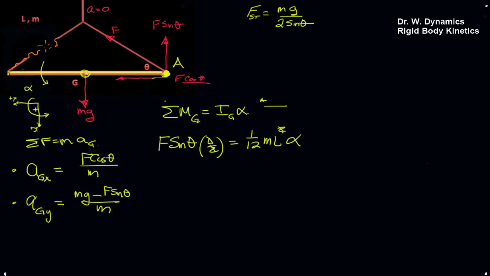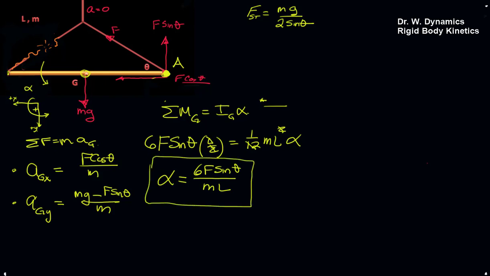We can multiply through by 12, and that'll get us a 6 over here, and we end up with alpha is 6F sine of theta divided by mL.